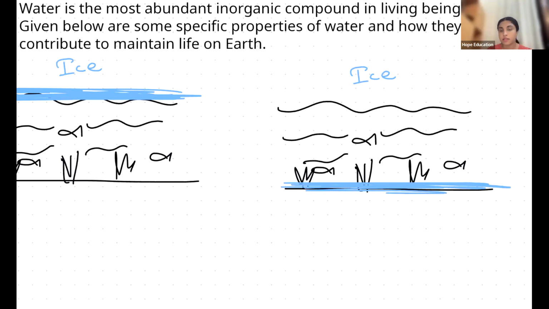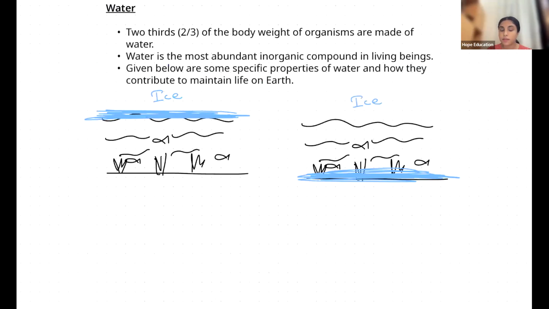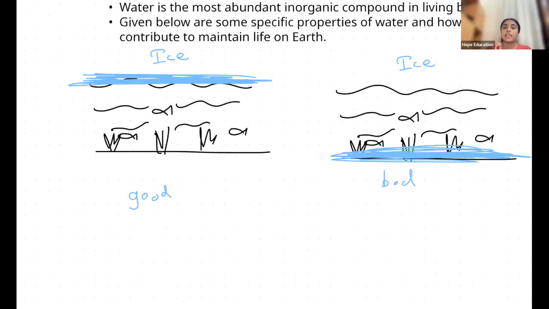What will happen? So you're saying that this is a good thing and this is a bad thing. Yes. It's bad for animals and not just animals. It's bad for plants.